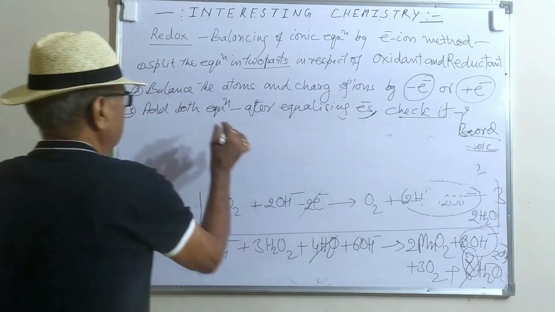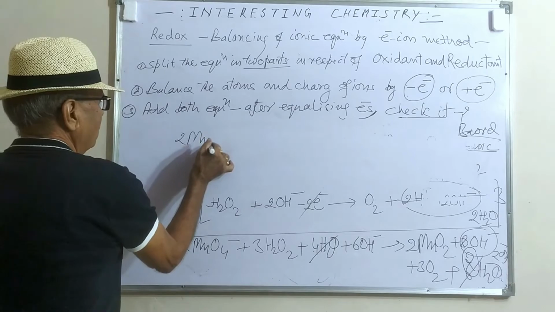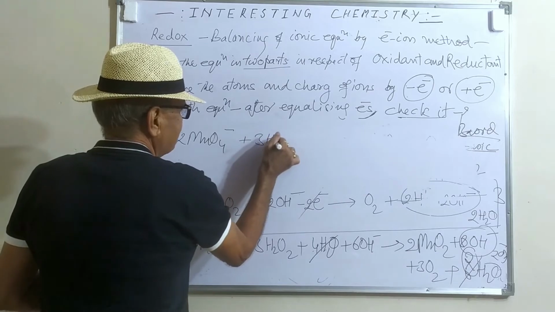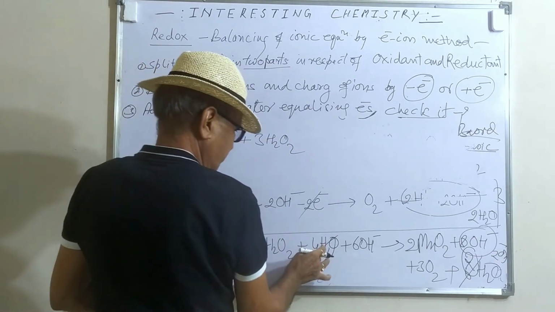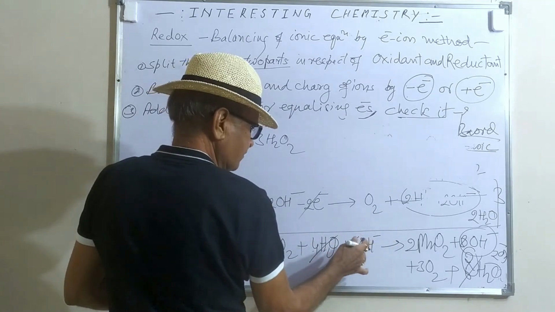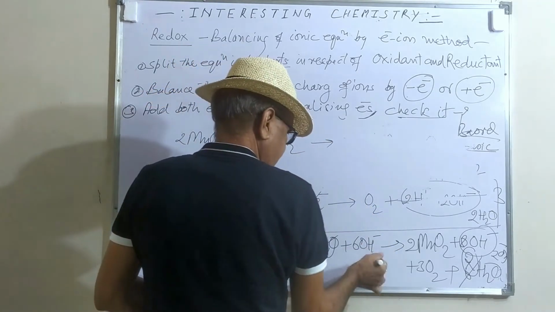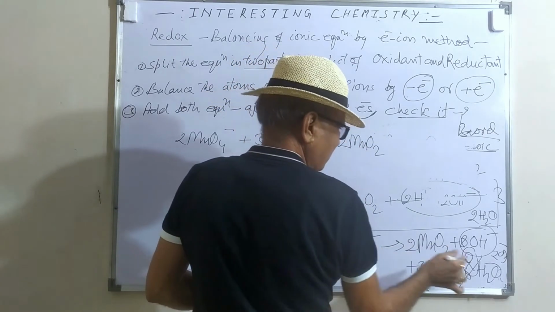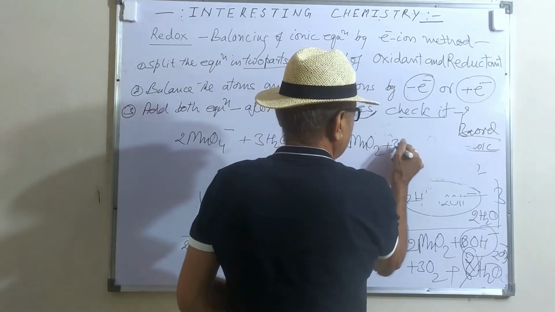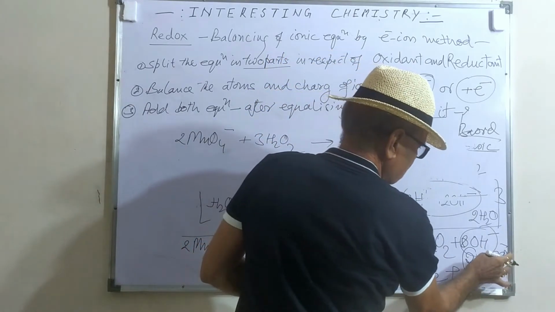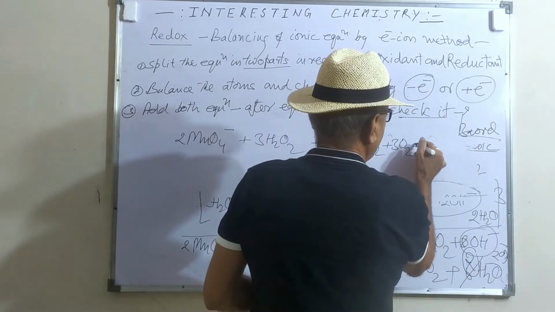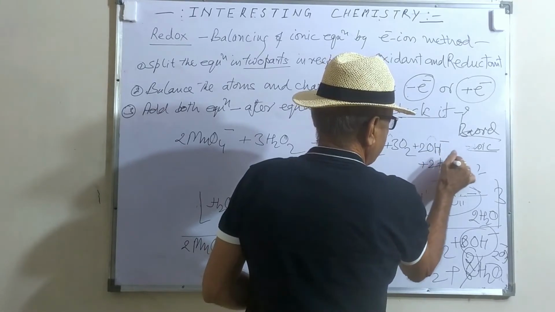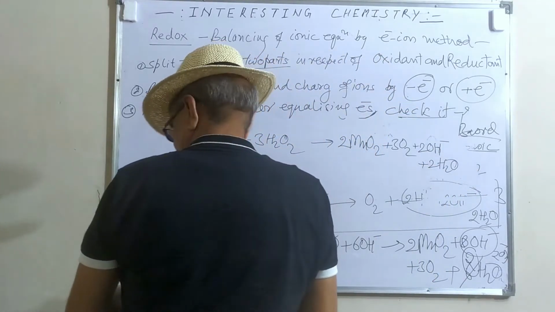So again I am going to write it: 2MnO4- plus 3H2O2 gives 2MnO2 plus 3O2 plus 2OH- plus 2H2O. This is the equation.